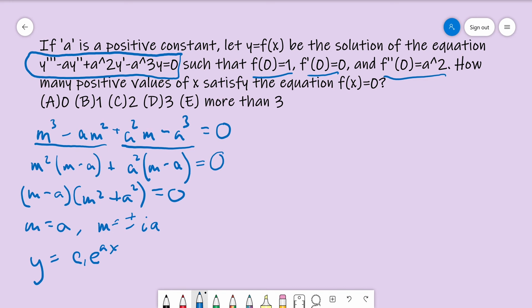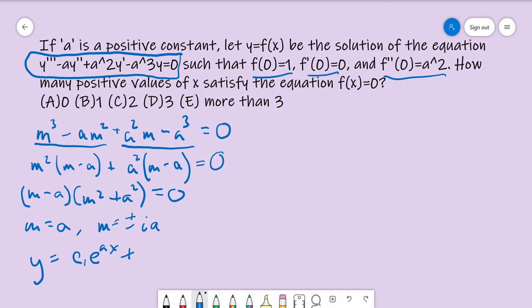If that real root had multiplicity 2, let's say, then it'll be c1 e to the ax plus c2 x e to the ax. And if we had two real roots, then it would be c1 e to the ax plus c2 e to the bx. But in this case, we just have one real root. And then the second part is, what do we do with these complex roots?